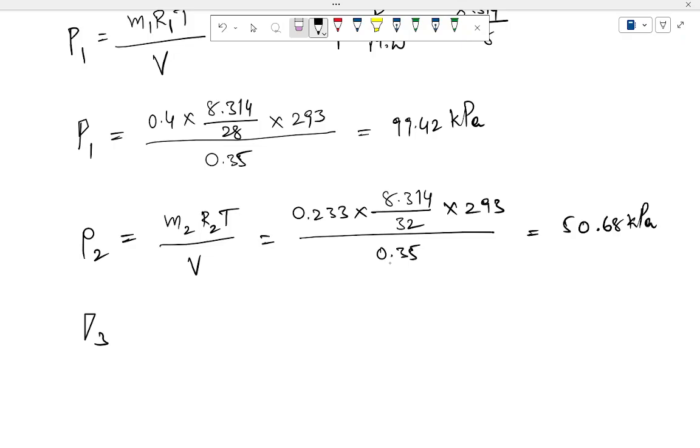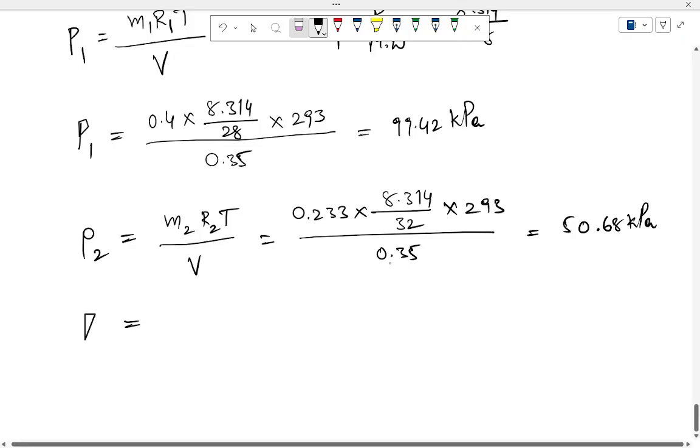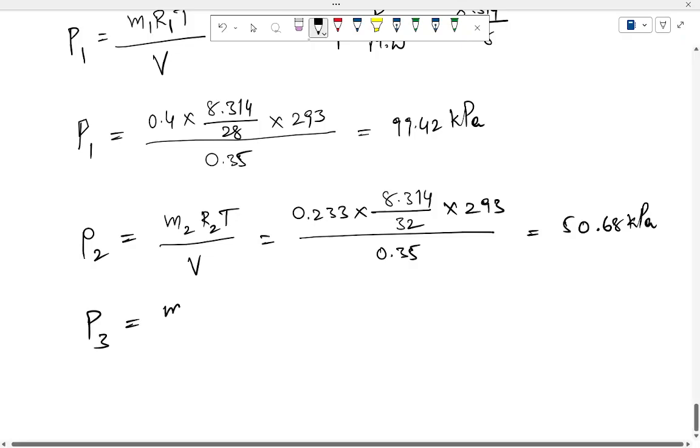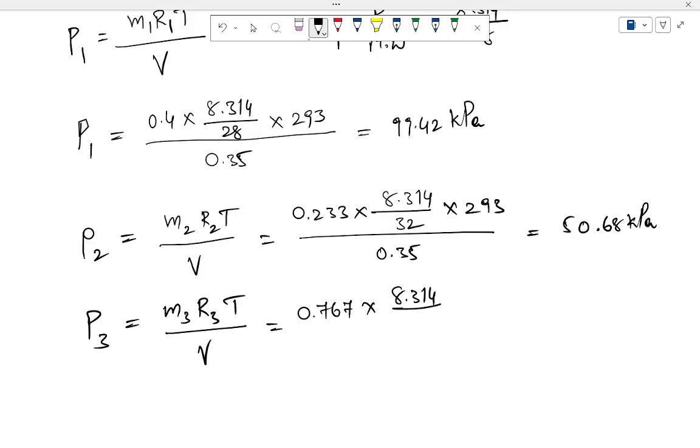And then comes the P3. I will write it properly here. For P3 is equal to M3 R3T by V, which is 0.767 into 8.314. The molecular weight of the nitrogen, should be by hearted, which is 28.